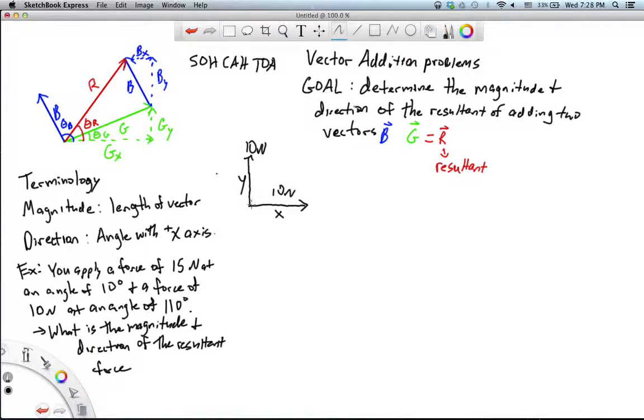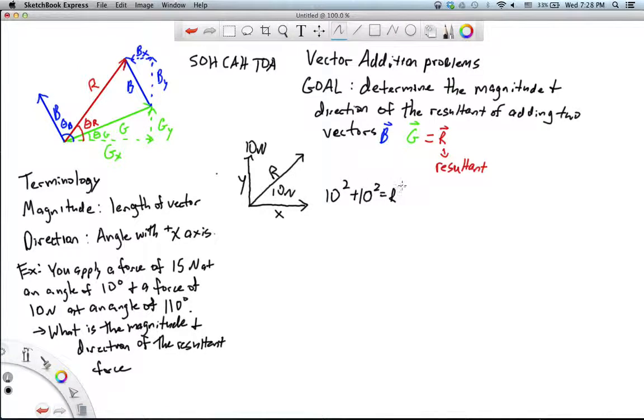The resultant is some vector like this, which is found by using this x component and this y component: 10 squared plus 10 squared equals r squared, where r is the resultant length.